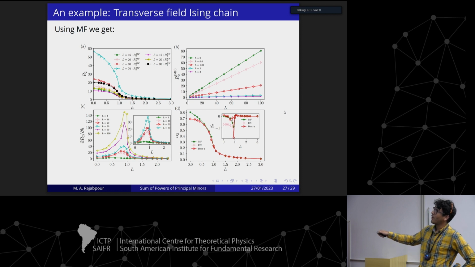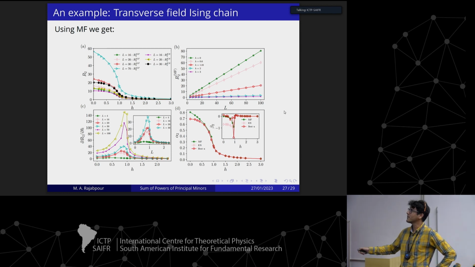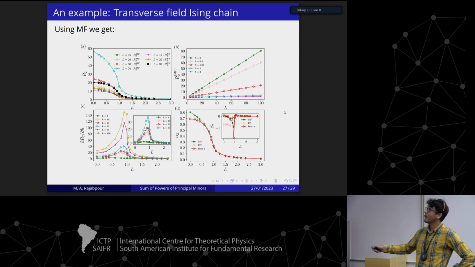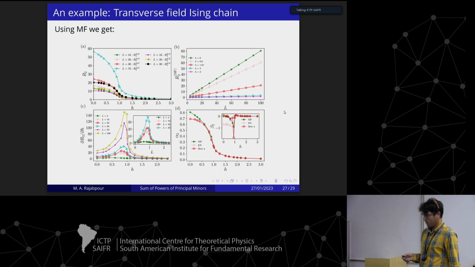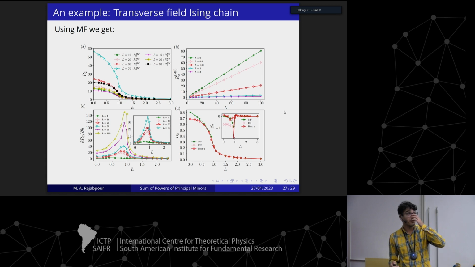So our results for alpha 2 are almost on top of the exact results, and these are coming from sizes of order 100. You can do these mean field calculations.